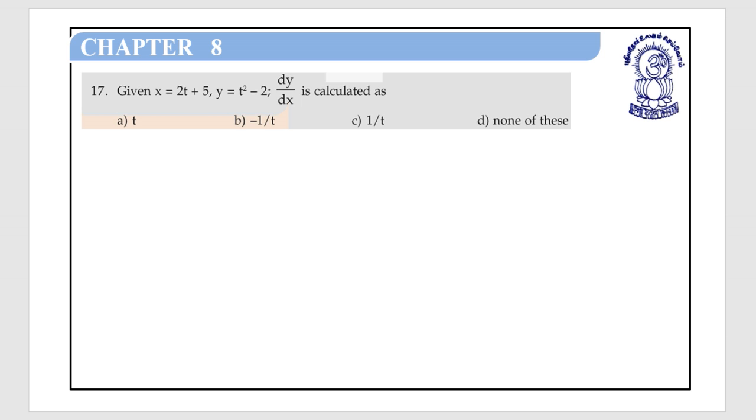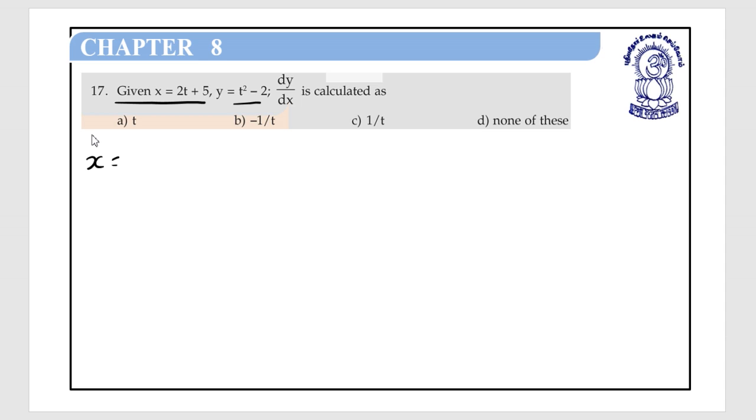Now move to question number 17. Given x is equal to 2t plus 5. Again, x is a function of t, and y is also in the form of t, so differentiation of x and y with respect to t is possible.